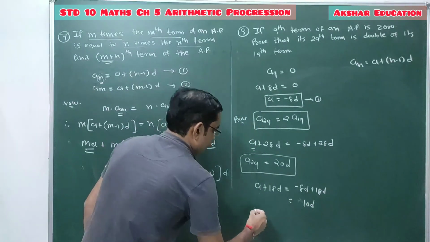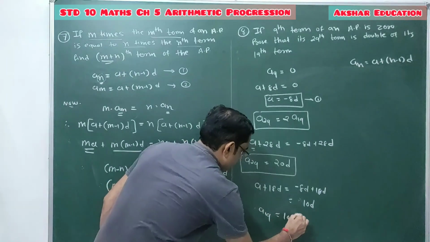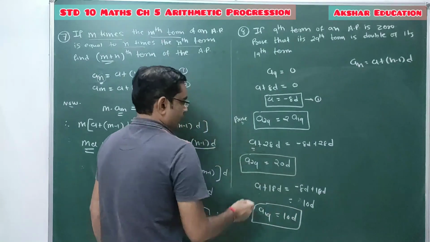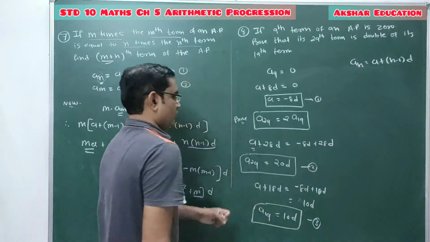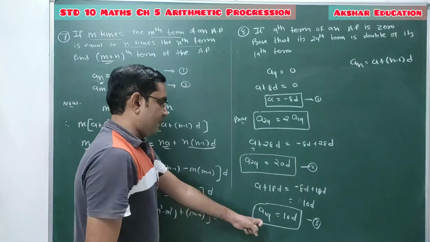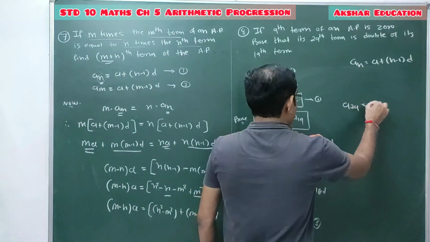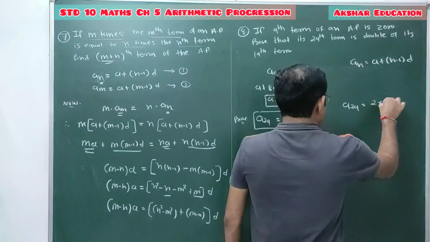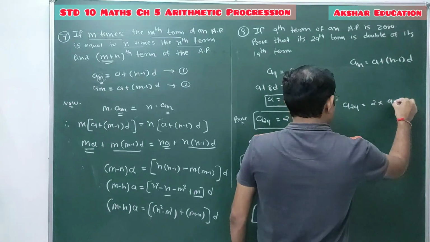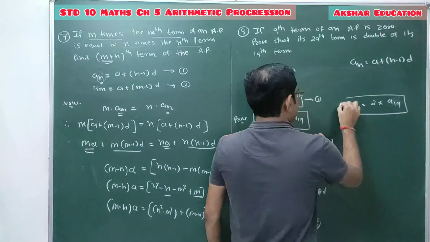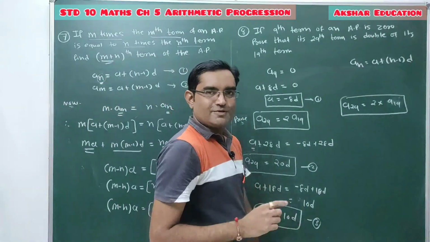So a19 equal to 10d and a29 equal to 20d. Say result 2 and result 3. So 29th term is 20d and 19th term is 10d. Therefore we can write 29th term is 2 into 19th term. So 29th term is double of its 19th term. Clear students? Pause the video and note it down.